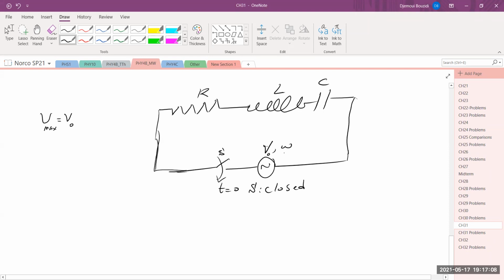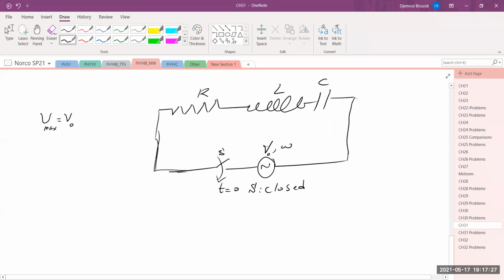So this is the omega of the circuit. Since it's a power supply, I'm going to call it something else. We have 3 omegas, so hopefully you guys will keep tabs. So let's leave V naught in here.